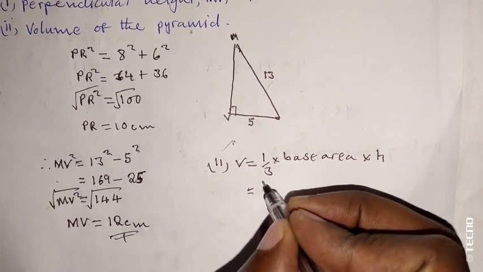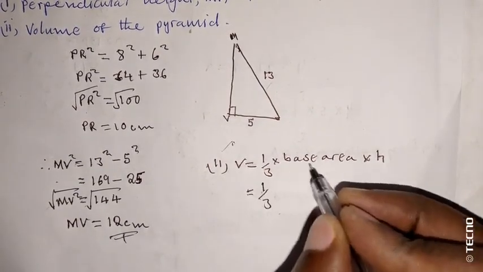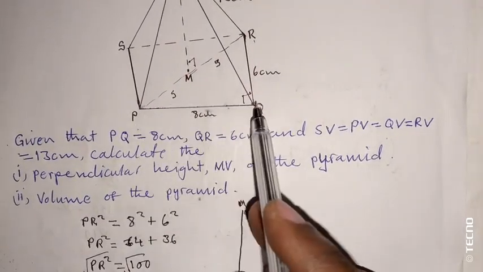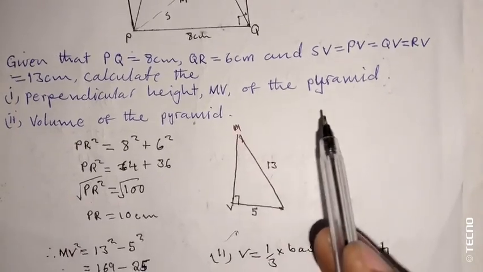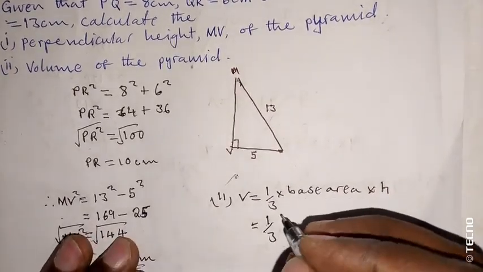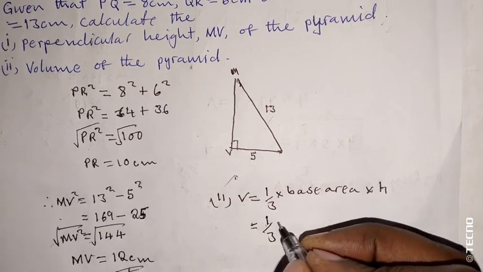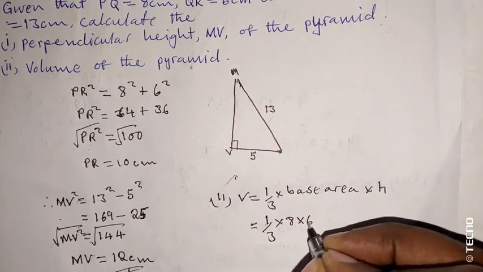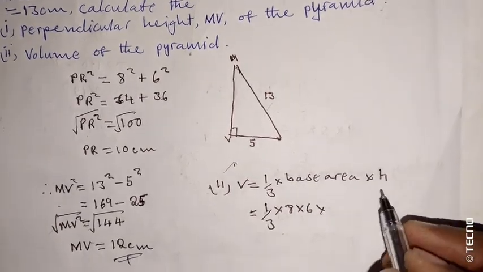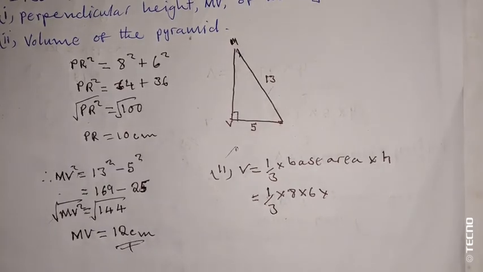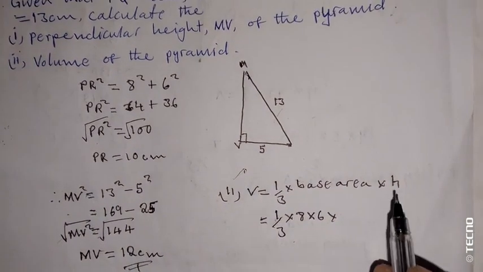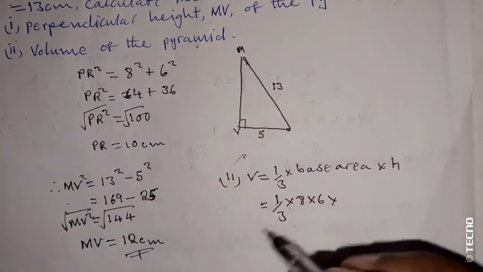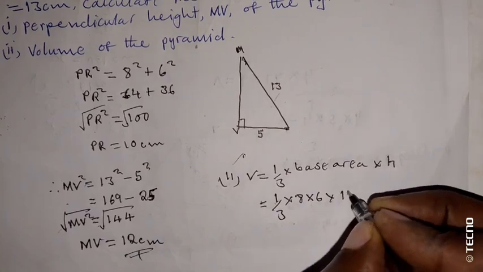So V is 1/3 times our base area, which is 8 times 6, then times our height. We've already calculated the perpendicular height, which is MV. So our MV is 12.